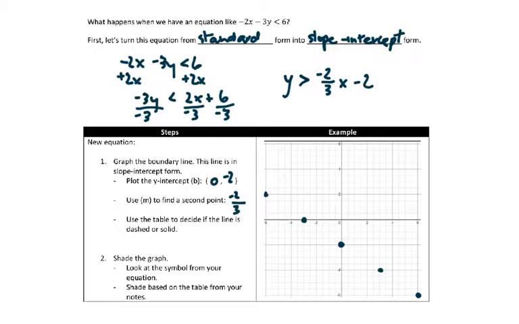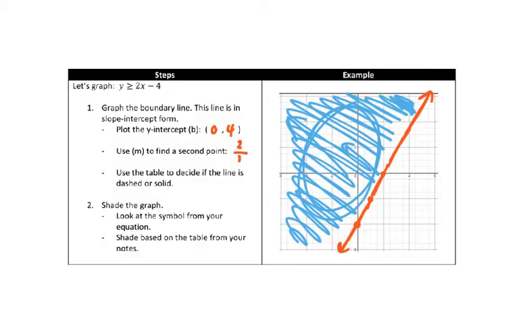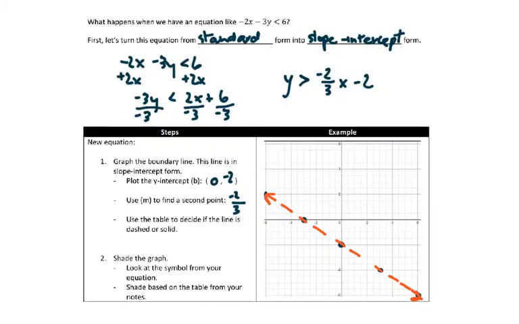Going all the way back up here, there's no equal line, so it is dashed. We are dashing. Remember, lines go on forever, so I put my arrows there. This is a greater than problem, so we are going to shade above the line.